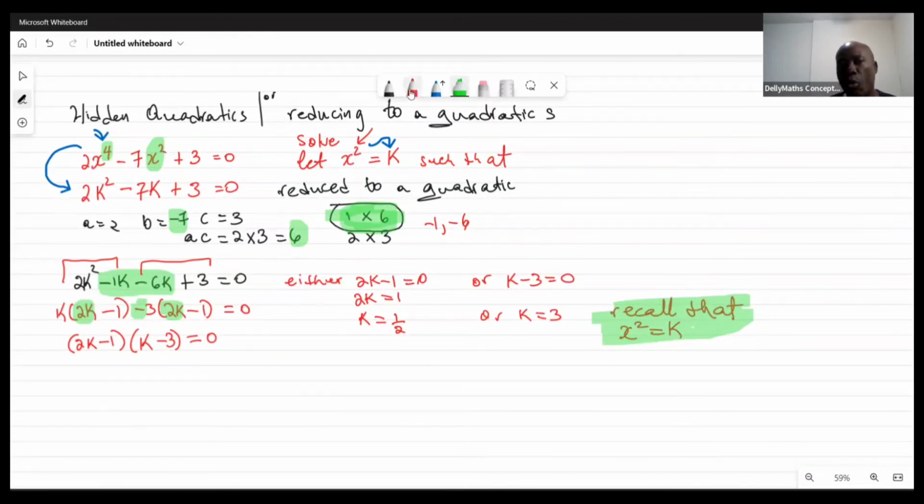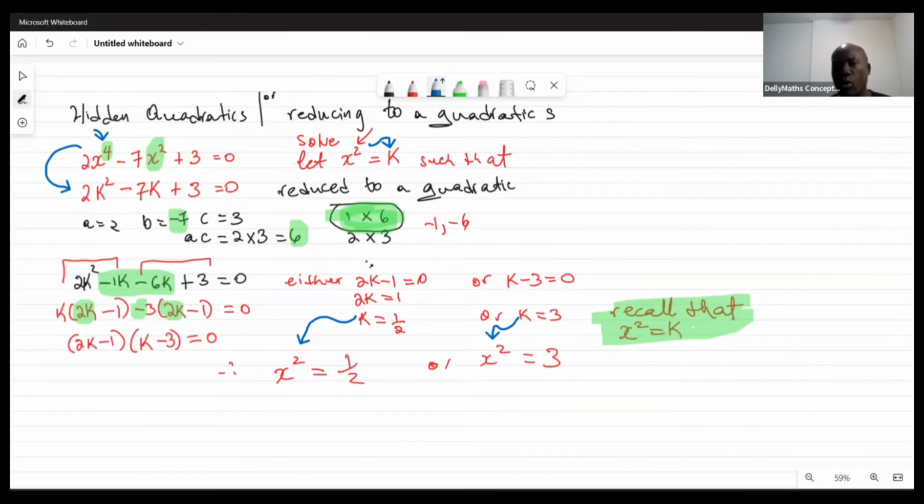So at this time now, we recall that k is equal to x squared. Therefore, we can rewrite this by saying x squared is equal to a half, or x squared is equal to 3. Remember that we are utilizing the fact that we started right there.